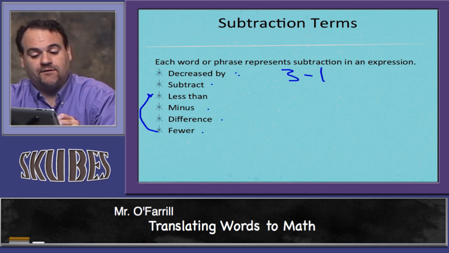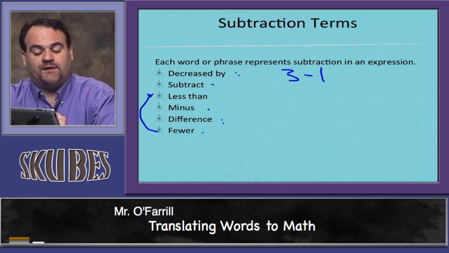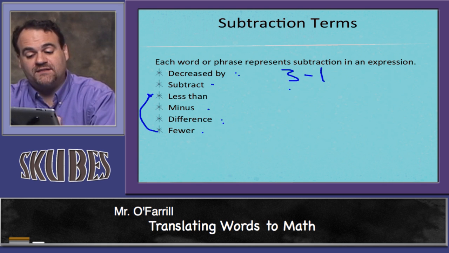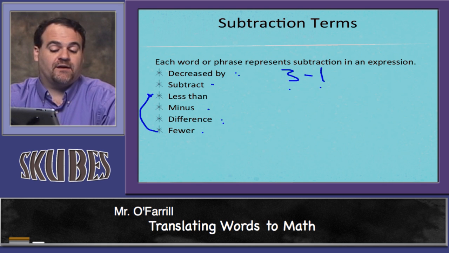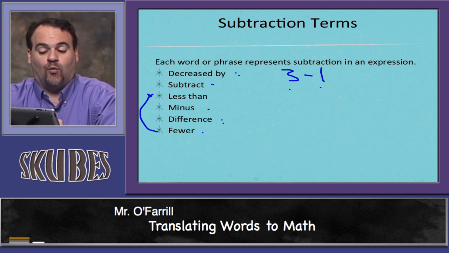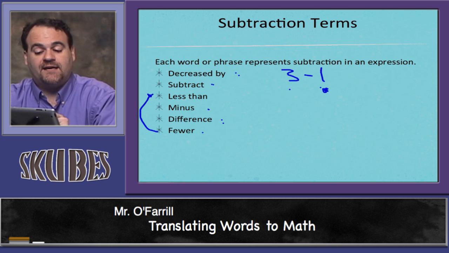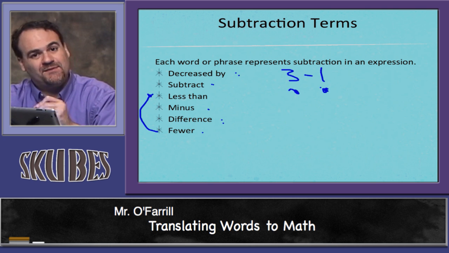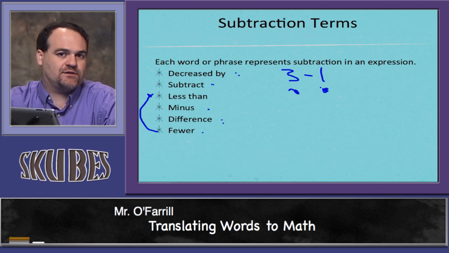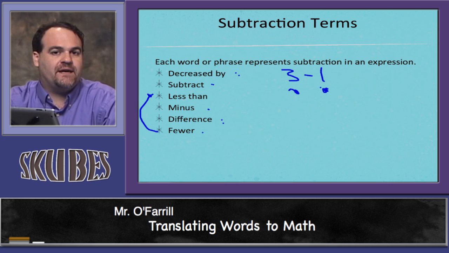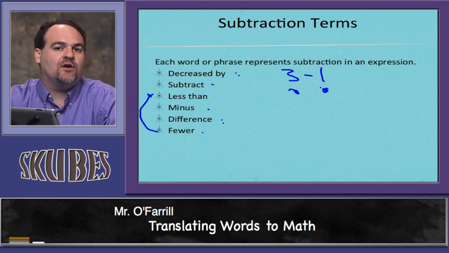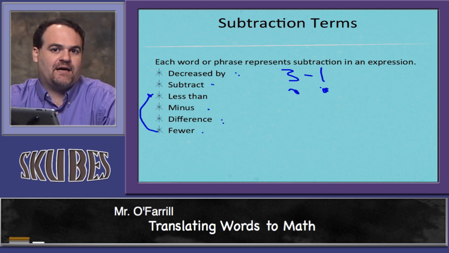All of these other ones, we said 3 before we said 1. But if I'm going to say 1 less than 3, I'm saying the second number first. So you want to be careful about that. Make sure you really understand what's being asked for there.